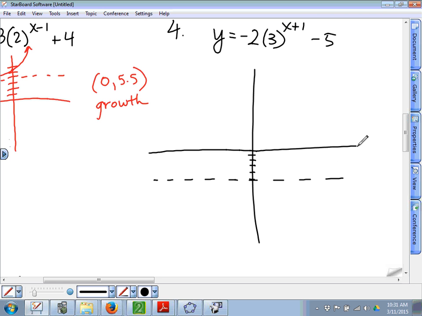Okay. What'd you guys get for the y-intercept on this one? On number 4. Negative 5.67. You're hearing a couple different numbers. It's negative 11. You plug in 0.